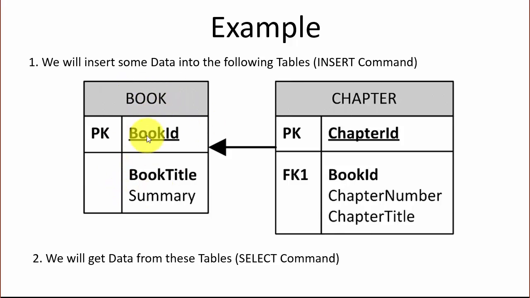In our example we will use these 2 tables, and then we will start to insert some data into these tables using the insert command, and then we will retrieve or get data from these tables using the select command. So let's go to SQL Server and show these examples.